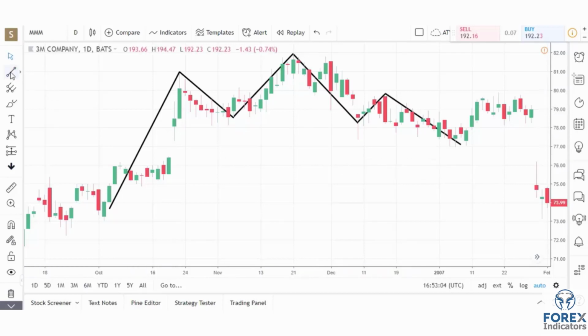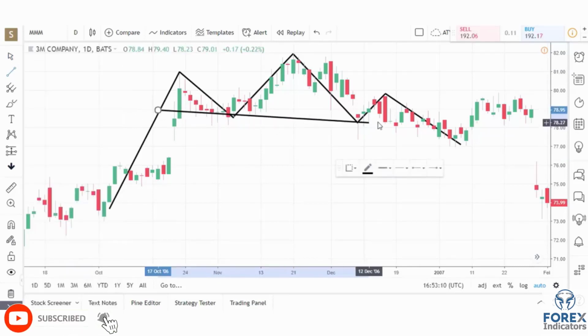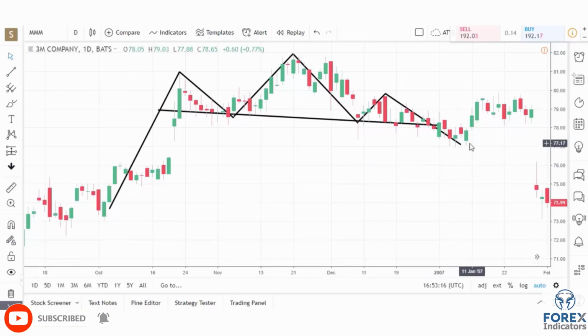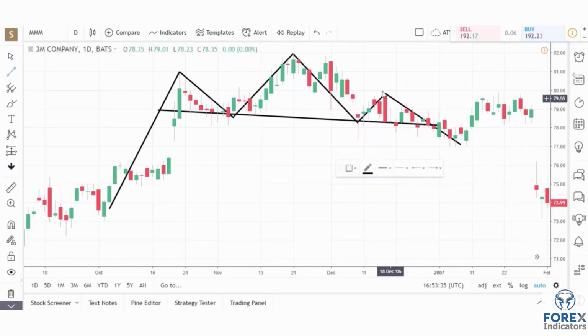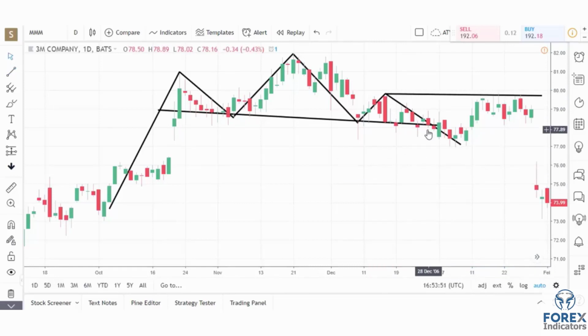Now in this case, the stock breaks the neckline, which is here. So we have our head and shoulders pattern complete, and then the stock rallies again, but it's unable to close above the high reached in the second shoulder.